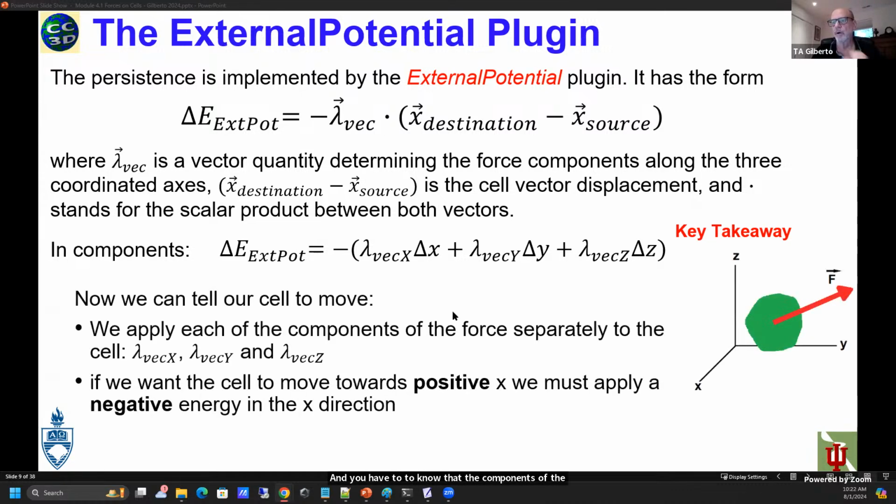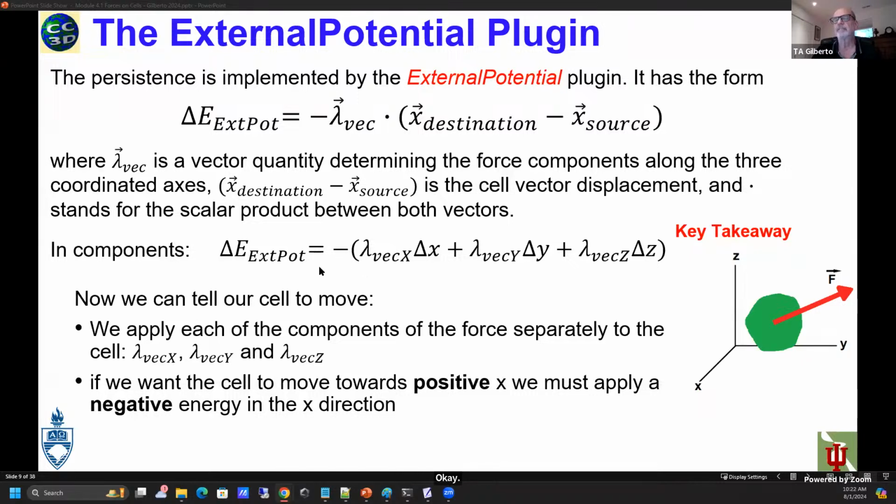These pictures may be more clear. Here is your cell. This is the applied force on your cell, and the cell is moving in that direction, for example. See, there is a negative sign here.